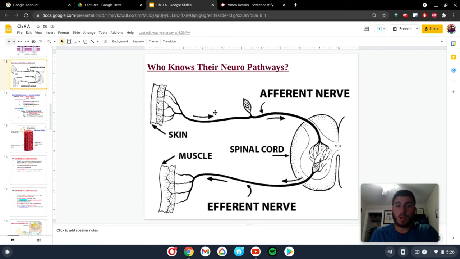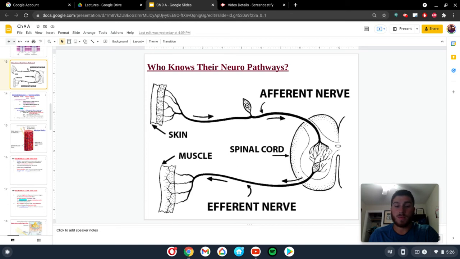We have skin, we have a nerve running to the spinal cord, and then we have the spinal cord running to the muscles. So there are two different paths that the nerves can travel. You can travel towards the central nervous system, the spinal cord, which eventually can go to the brain or stay here, which we'll talk about later. Or it can go from the central nervous system to a destination.